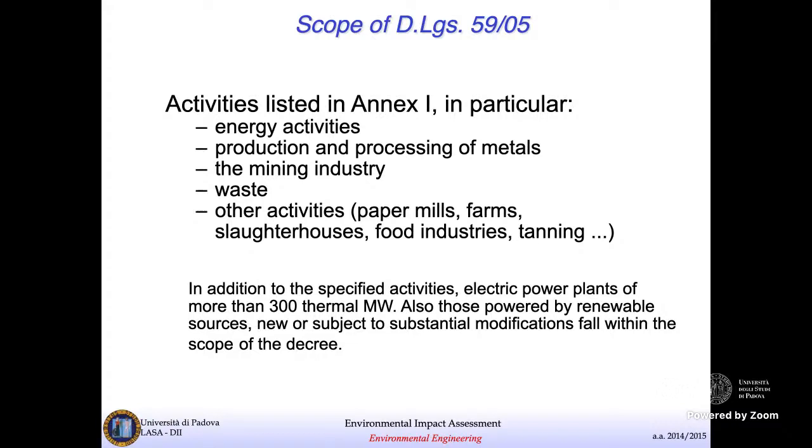So here we have a dimensional threshold in terms of energy production levels over which the facility is required to obtain an integrated environmental authorization going through the IPPC procedure.